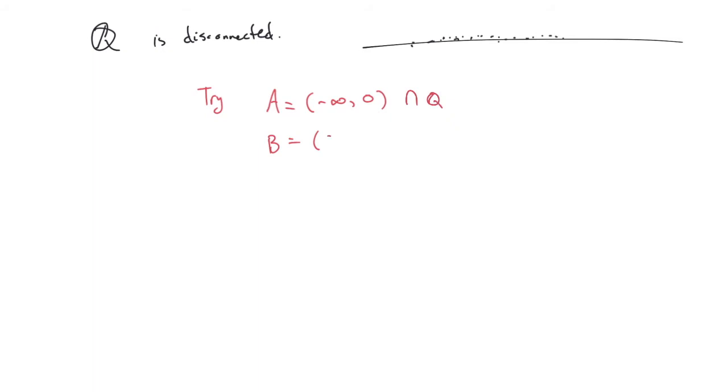Just the rationals in there. So these intersections, what this means is all negative rationals, and this one means all positive rationals. I'm dividing it into two parts, so A is those ones and B is these ones.